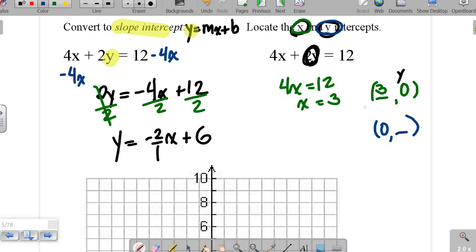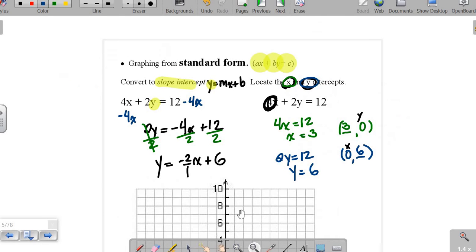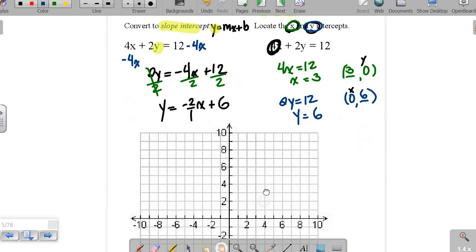Our y-intercept is going to be where x is 0. So you look at the same equation, and if we were to put a 0 in x, that would make this whole thing 0. So 2y equals 12. So our intercepts are 3, 0 or 0, 6.